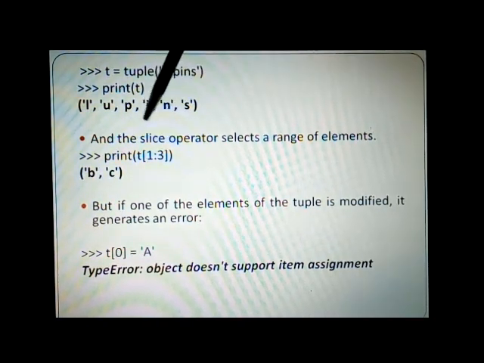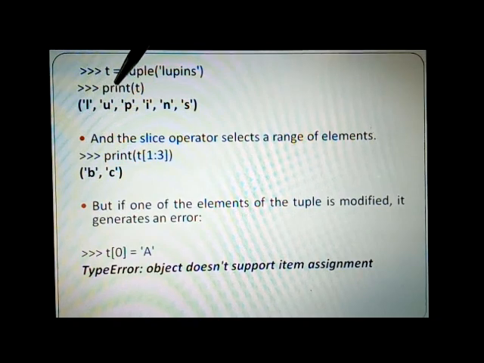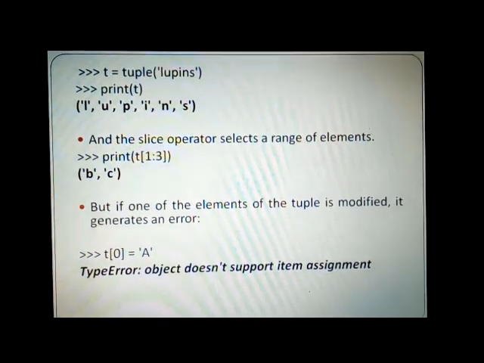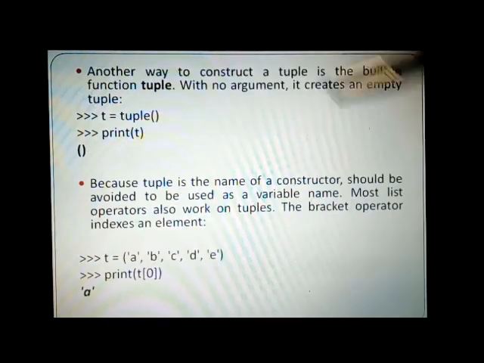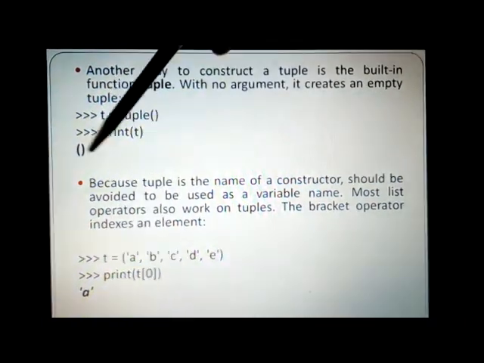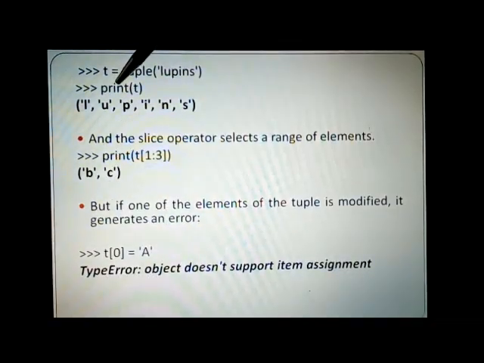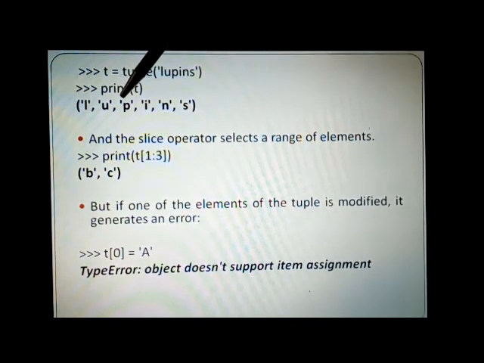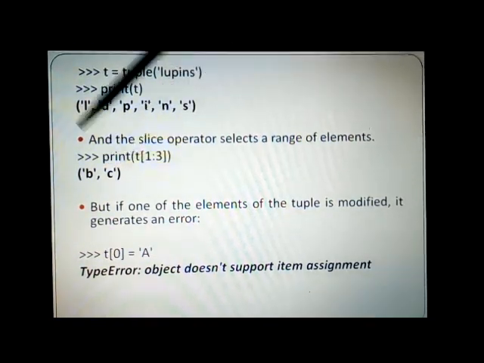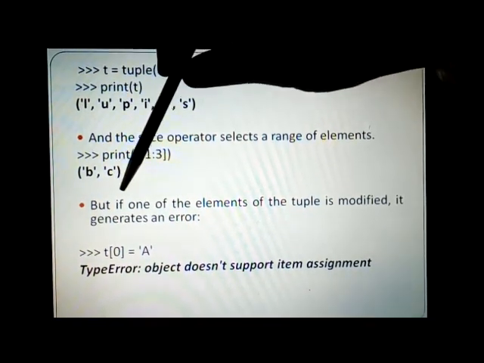If I say print t of 1:3, then it will print from 1, 2, 3 minus 1, that is 2. So this BC is an example which refers to this tuple, not that one. So please understand that this is for this tuple. If I use this 1:3, it would be UP. We'll try to go through the code and then see the demonstration of it, not a problem.